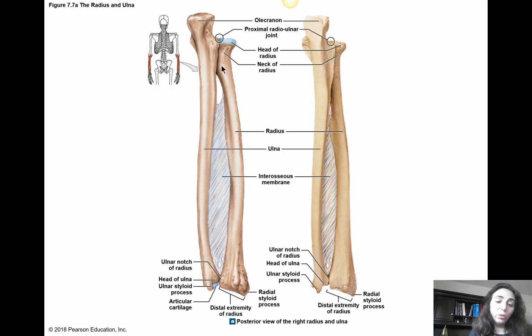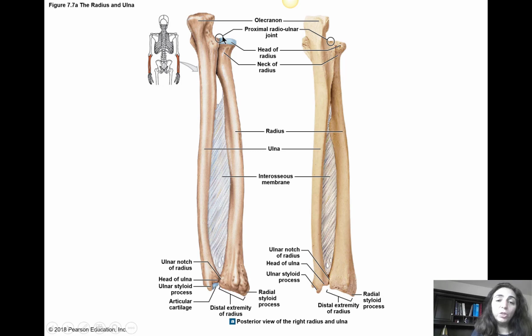So in this position, you are looking at the posterior view of the radius and ulna. You see all the parts that we discussed. You are looking at the proximal, this is the olecranon from the posterior view, this is the head of the radius, and this is the neck of the radius, and next to here that you cannot see, that's the radial notch of the ulna.